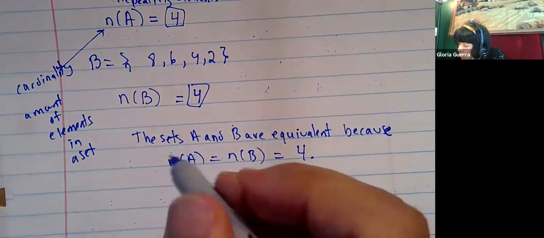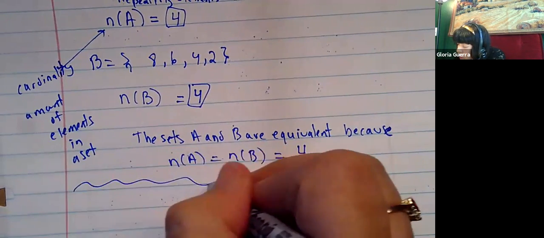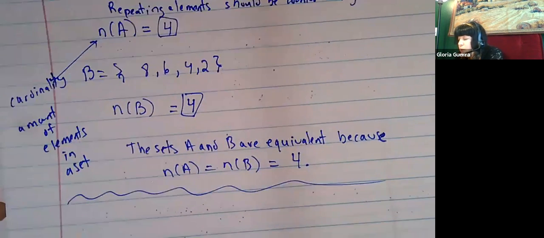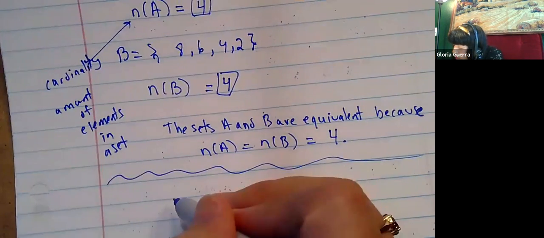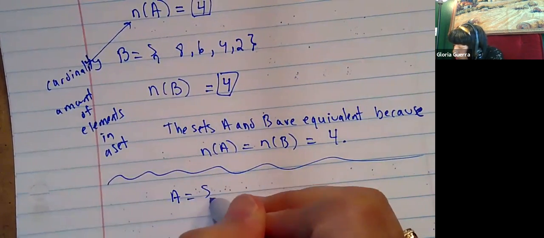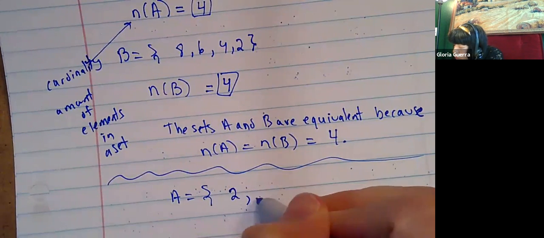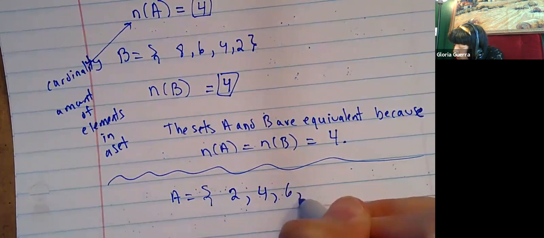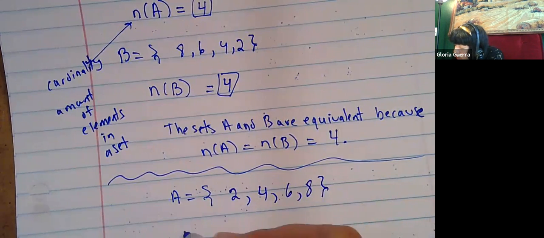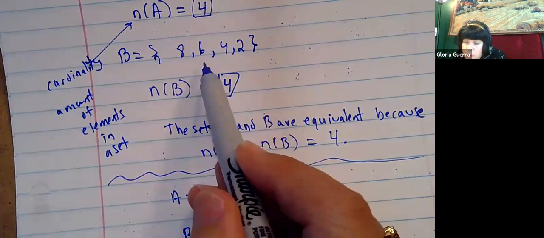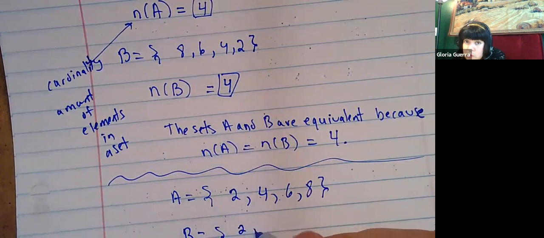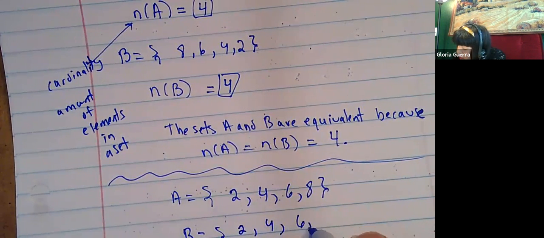Okay. All right. So then the other thing is about equal sets. So again, let me stack them. So A, if I put in order, 2, 4, 6, 8, and then I have B, put it in order. See, they're out of order, so I'm going to put them in order. 2, 4, 6, 8.